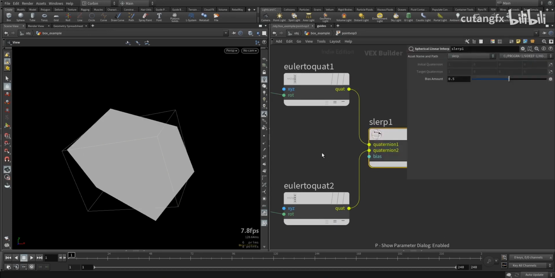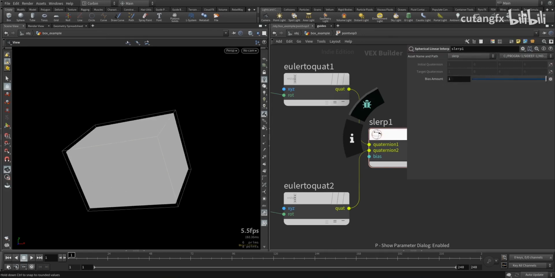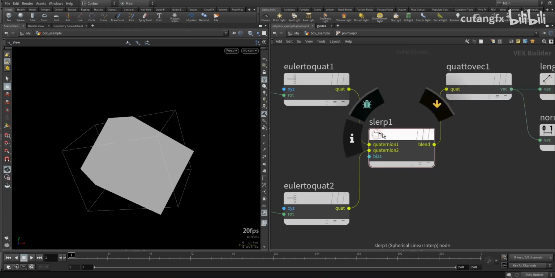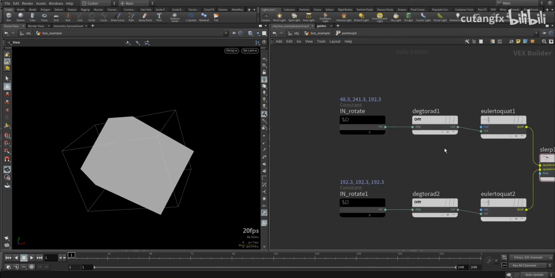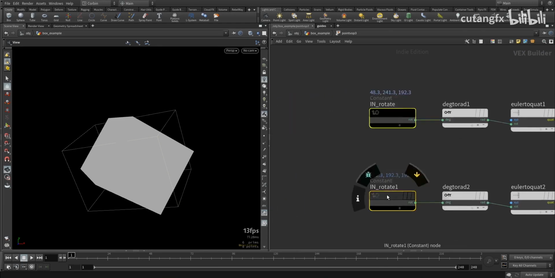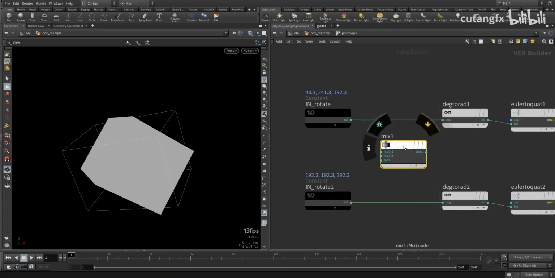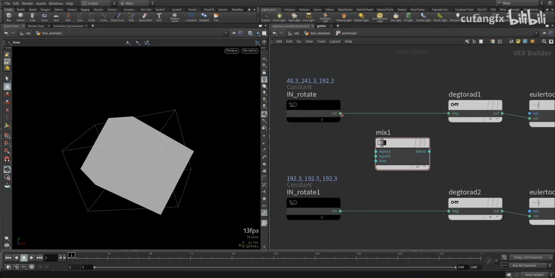Okay, so we can go with this bias from the one to the other, and we can rotate nicely from one to the other. Because we now have a quaternion, we know that this will be a spherical linear interpolation, instead of if we blended just between these degrees, then it might be fine, but sometimes you'll get flipping, where things go through one another. So here we would do a mix node. In VOPs it's called a mix, but it is actually applying a lerp function, the linear interpolation function.